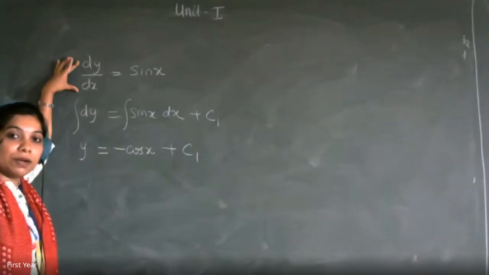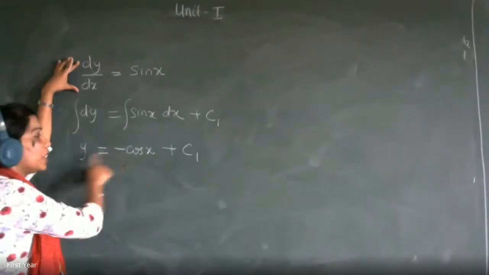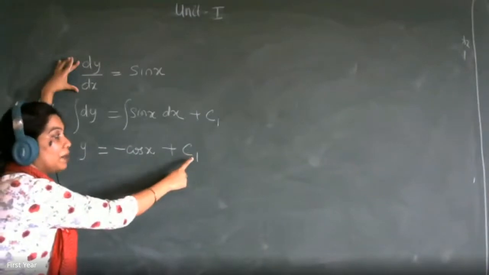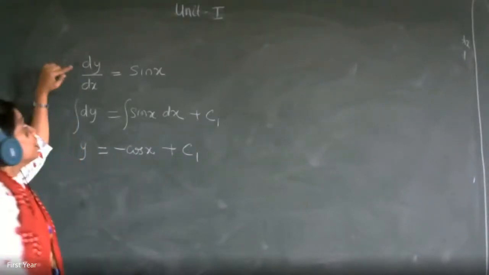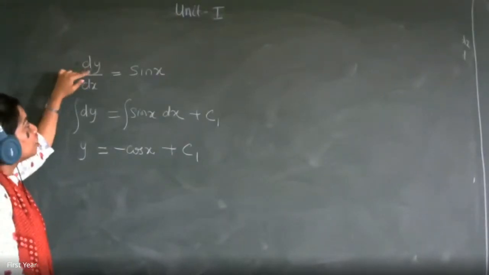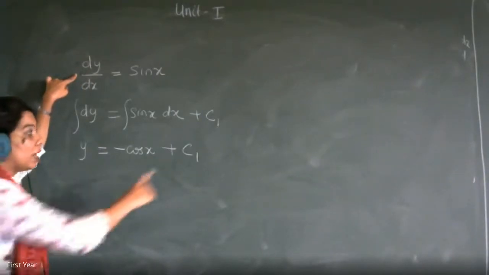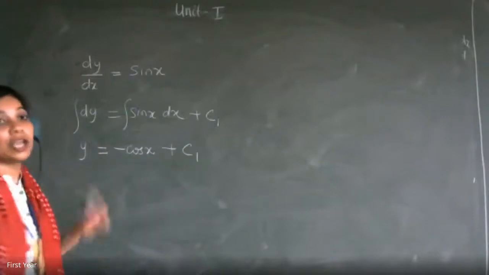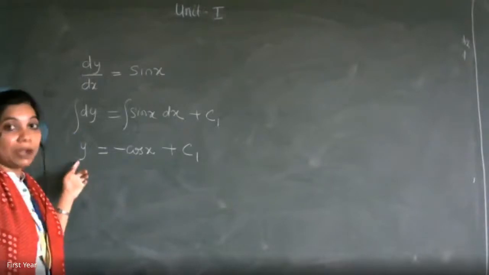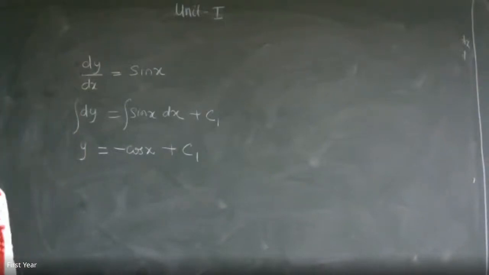Relation between dependent and independent variable, between y and x, which has arbitrary constants. How many arbitrary constants? Equal to the order of the differential equation. What is the order of this differential equation? Which is the highest order derivative? dy by dx. So it has only a first order derivative. That's why the arbitrary constant is 1. So the solution which has arbitrary constants equal to the order of the differential equation, relating dependent and independent variable, is called the general solution, and if C1 takes a particular value, it is called a particular solution.